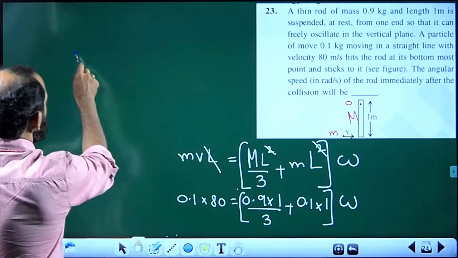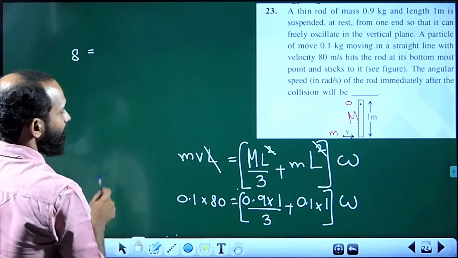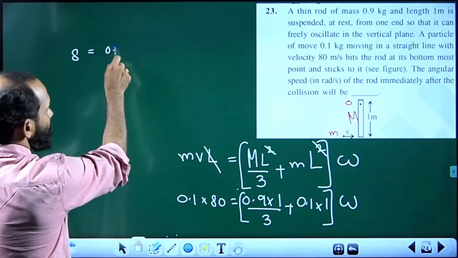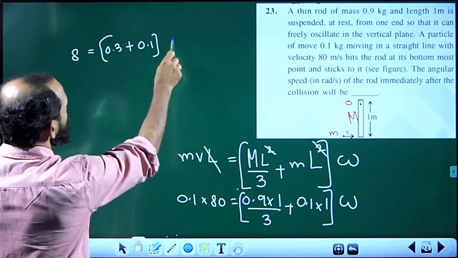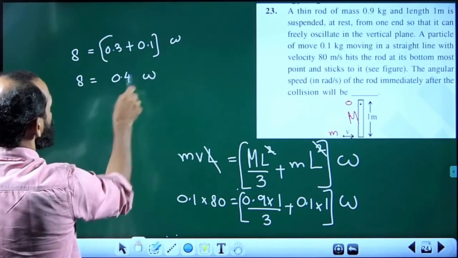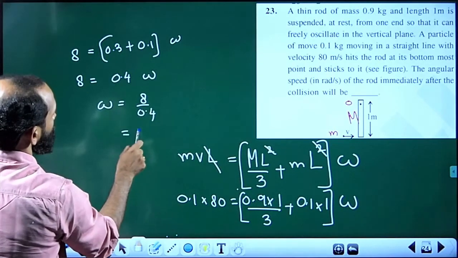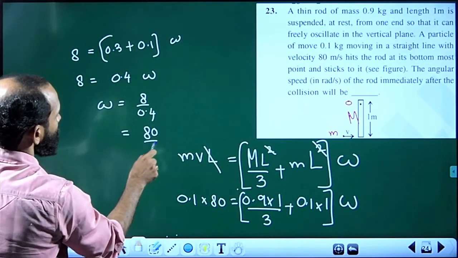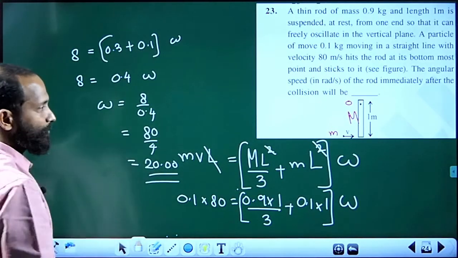That is 8 is equal to 0.9 divided by 3, that is 0.3, plus 0.1 times omega. So 8 is equal to 0.4 times omega. So omega is equal to 8 by 0.4, that is 80 divided by 4, that is equal to 20.00 is the correct answer.